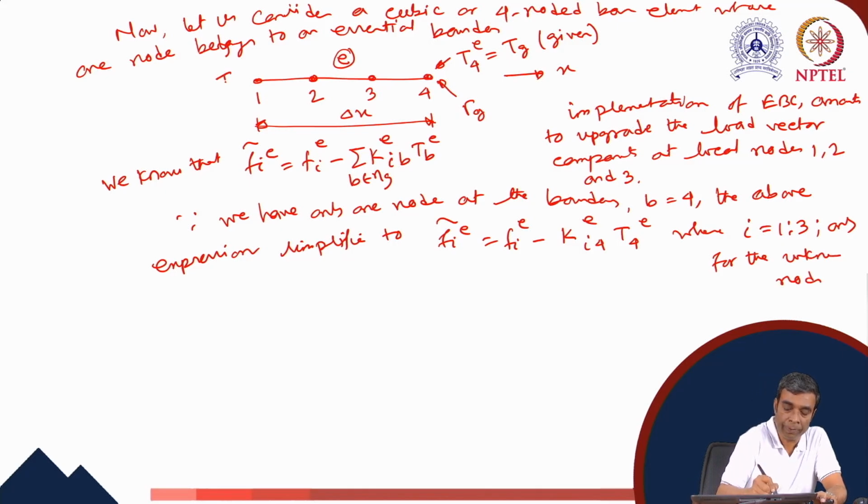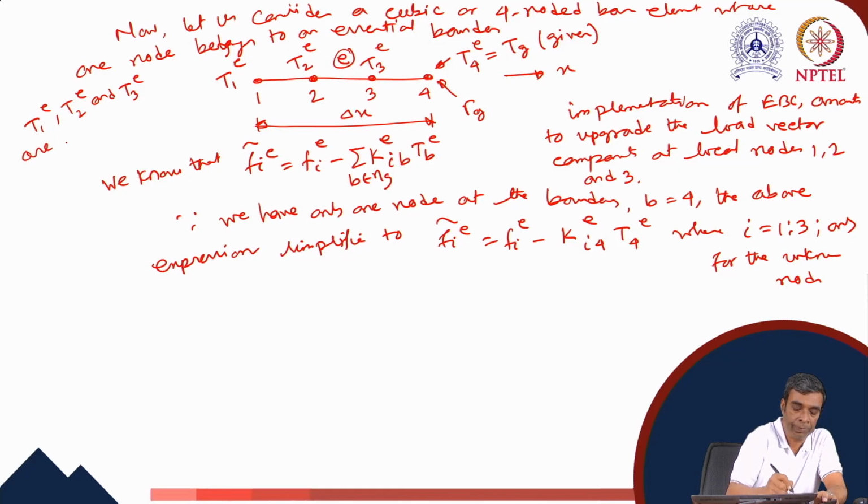At node 1, the temperature is T1E, at node 2 it is T2E, at node 3 it is T3E, and at node 4 it is T4E. So T1E, T2E and T3E are unknown temperatures.